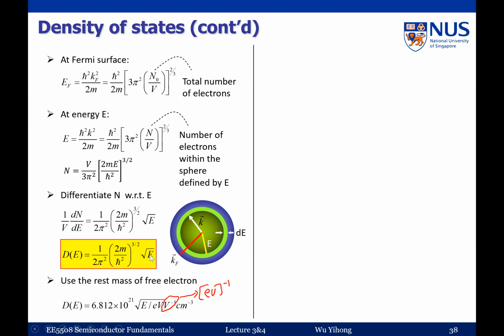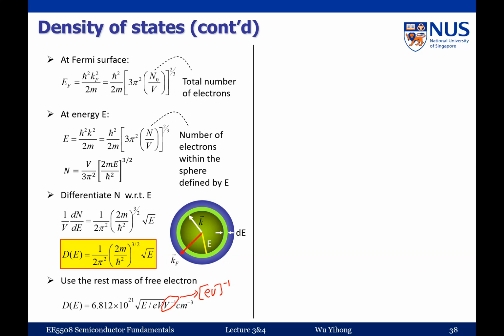So from here you can see, if you look at the Fermi surface, E will be EF, right? If your Fermi surface, your Fermi sphere, is very large, then EF will be very large, and you have a large density of states. This is understandable because on the Fermi surface your energy is the same, right? So when energy changes a very small amount, the total number of K states will change by a very large amount.